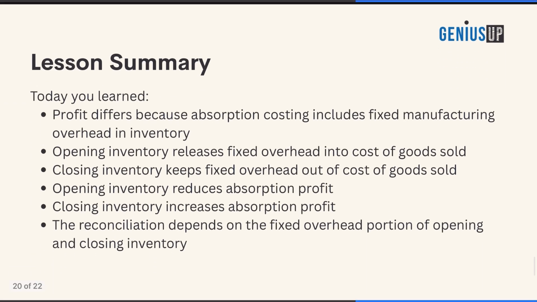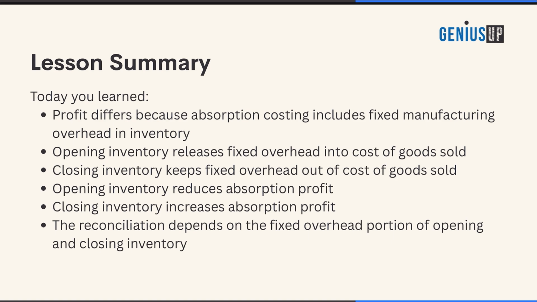So just to summarize this lesson, today we learned that profit differs because absorption costing includes fixed manufacturing overheads in inventory. Opening inventory releases fixed overheads into cost of goods sold under absorption costing. Closing inventory keeps fixed overheads out of cost of goods sold under absorption costing.